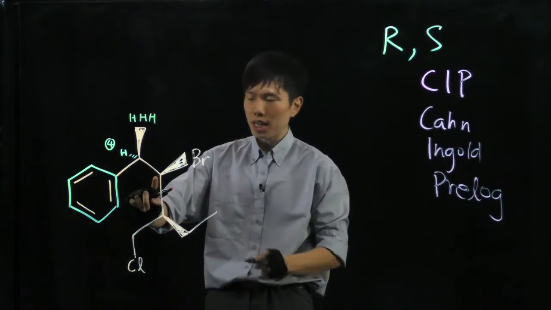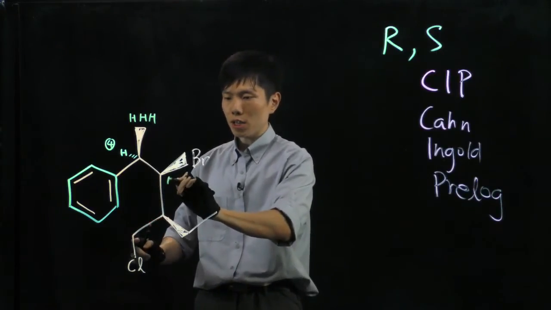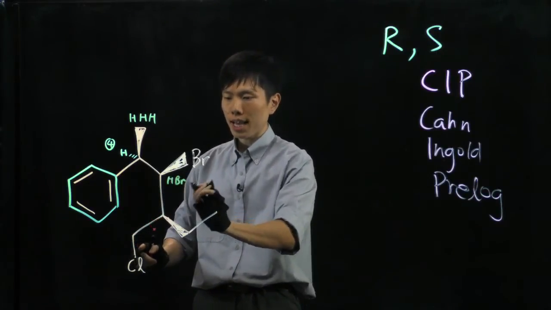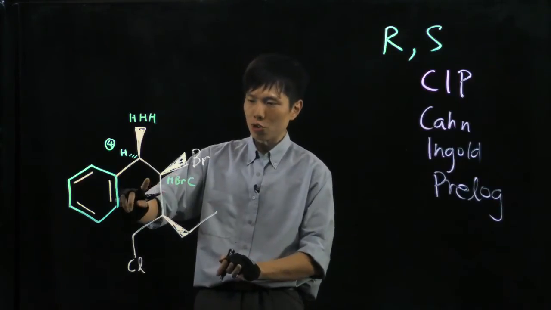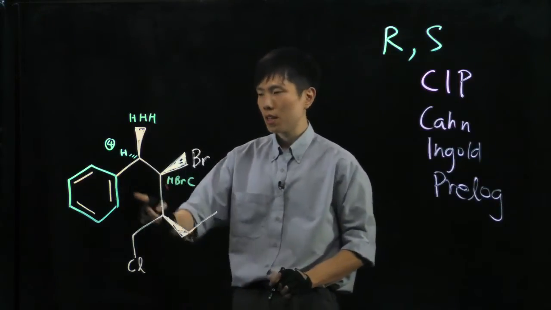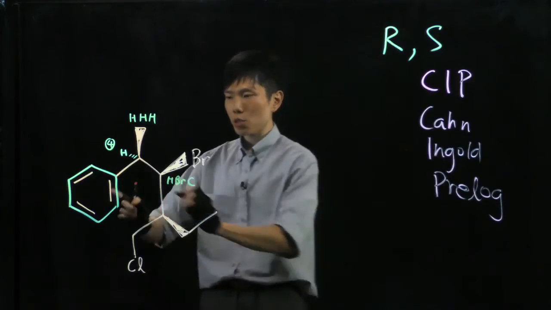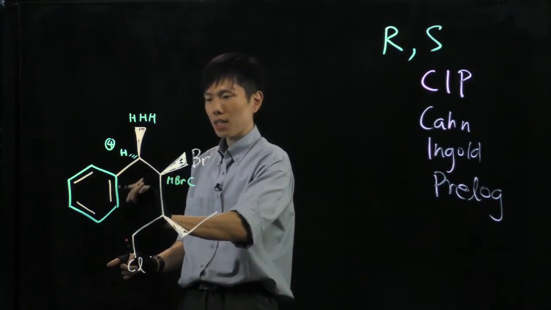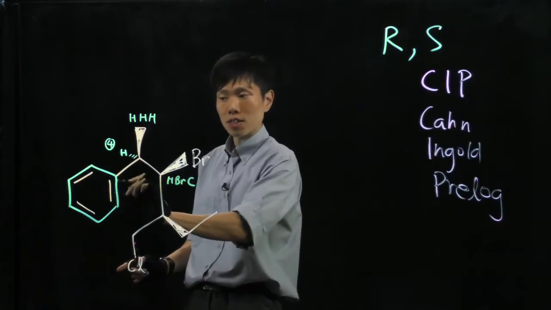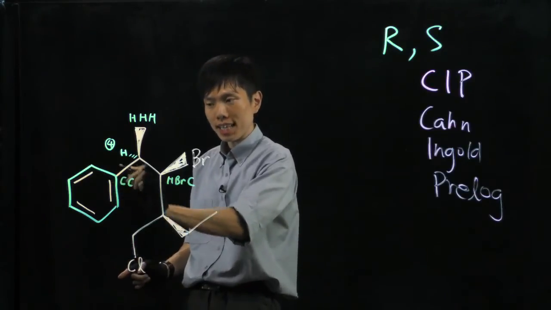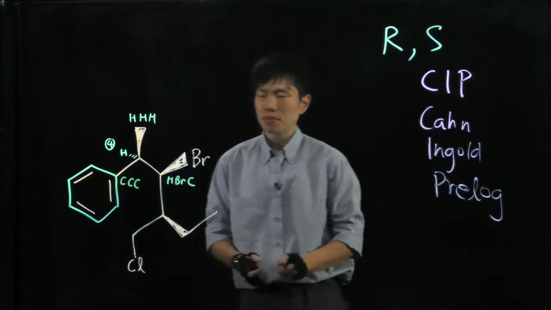This carbon below connects to hydrogen, bromine, and carbon. This carbon here connects to carbon twice because it's the double bond, so carbon, carbon, and on the other side, carbon.